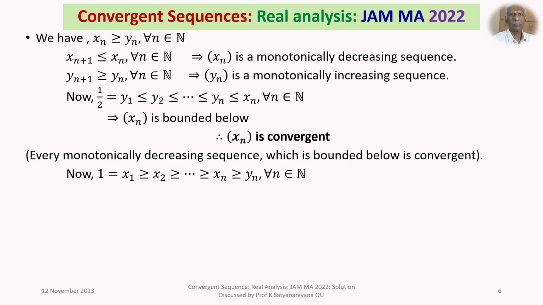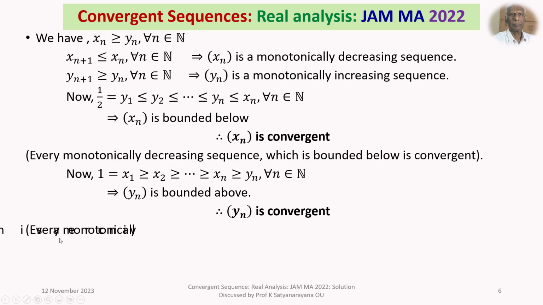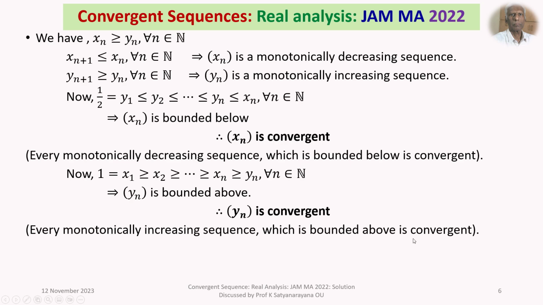And we use the theorem: every monotonically increasing sequence which is bounded above is convergent and converges to its least upper bound. So the sequence yn is bounded above, and therefore yn is convergent.